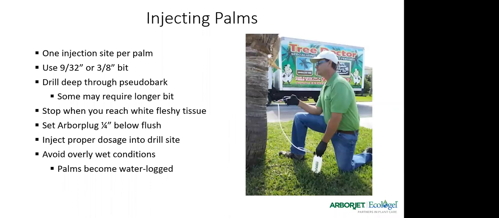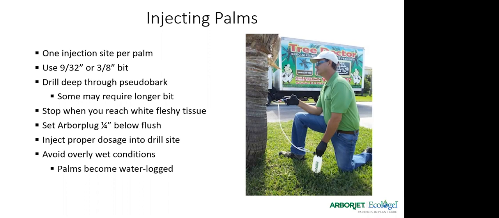So let's move on to actually how we inject the palms. Remember how I said we're going to do one injection site, and we're going to drill in through the pseudobark until we hit a white fleshy tissue, which is the xylem tissue. Like other types of trees, that tissue is a white color. It's the same whether you're dealing with an oak tree or a Canary Island date palm.